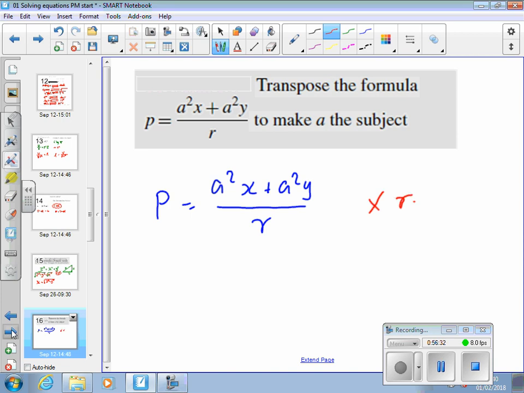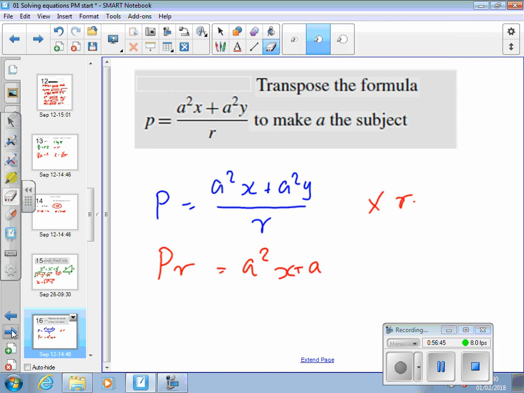We can do that quite simply. We're going to have P times r is equal to a squared x plus a squared y. Everybody follow that? Next bit.